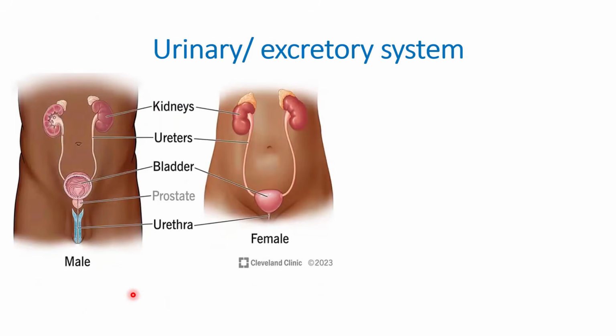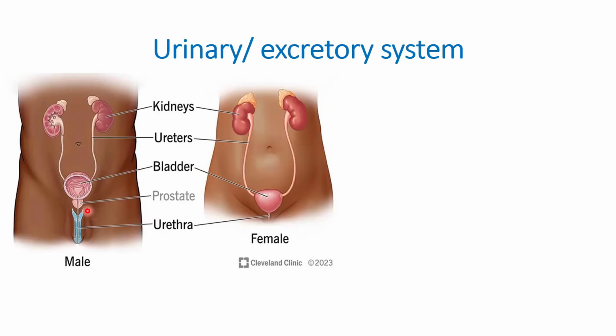We go to the urinary system, which is a subsystem found in the excretory system. The excretory system comprises the urinary system and the integumentary system, but most of the components will be from the urinary system. The components are the kidneys, ureters, the bladder, and then the urethra.